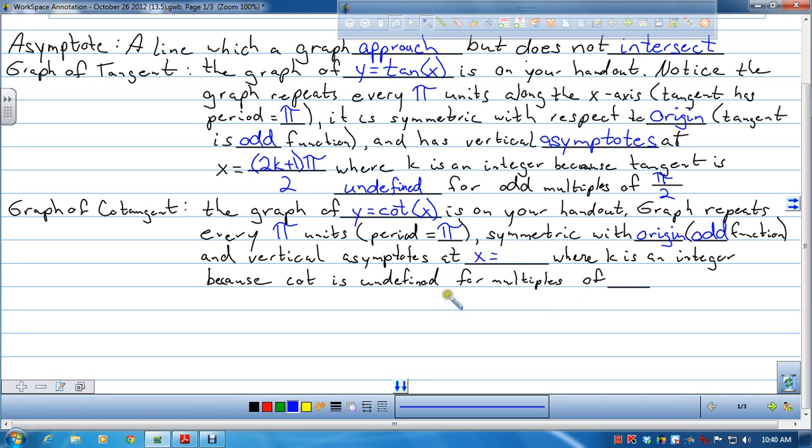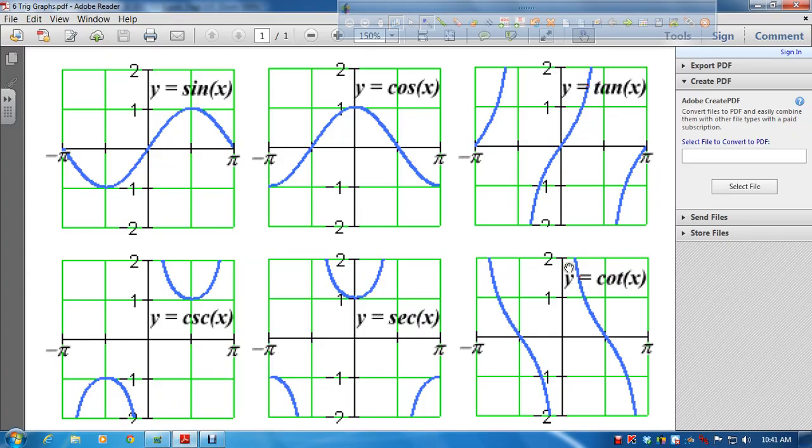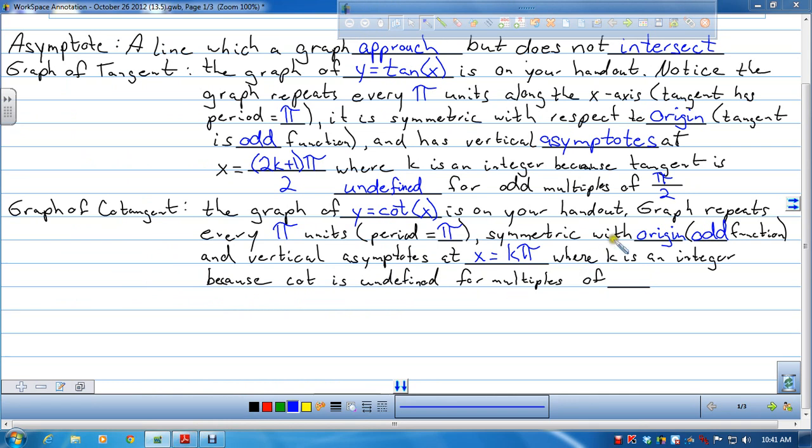If they were horizontal lines, they would be y equals something. x equals k times pi, where k is an integer, and that is because, if you look here, they occur at 0, at pi, it will occur at 2 pi, 3 pi, 4 pi, 5 pi. So instead of every half pi, there's an asymptote every pi. That's the difference between tangent and cotangent, because cotangent is undefined for multiples of pi.